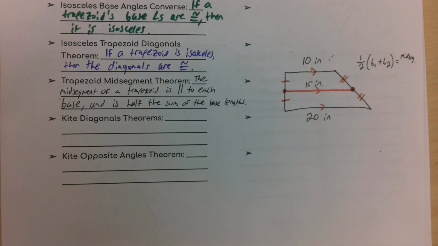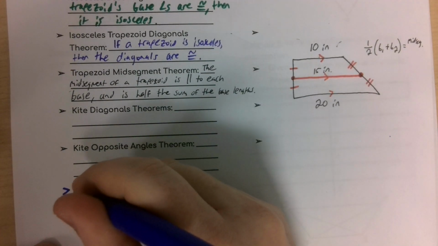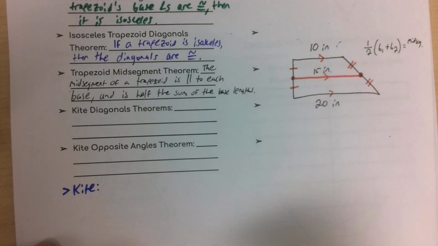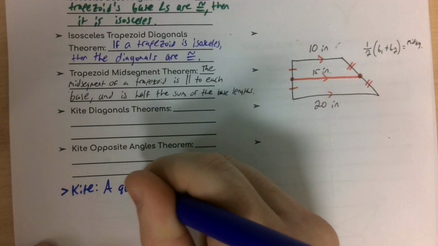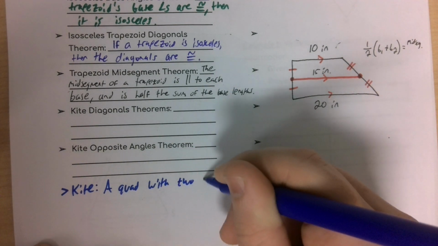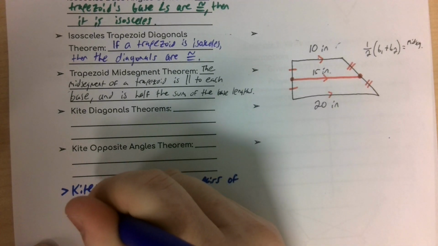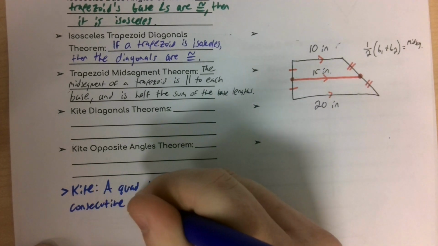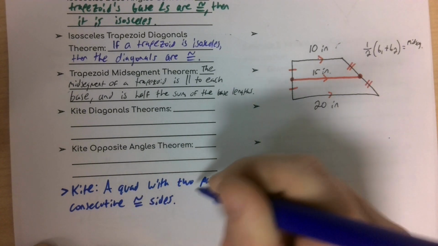Since we're already almost to the end here, I want to mention a couple more definitions. One of them, however, is missing, so I'd like to add one down below here. A kite. We need to talk about what defines a kite. A kite is defined as a quadrilateral with two pairs of consecutive congruent sides.